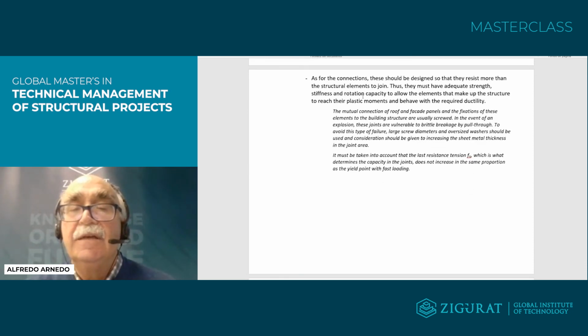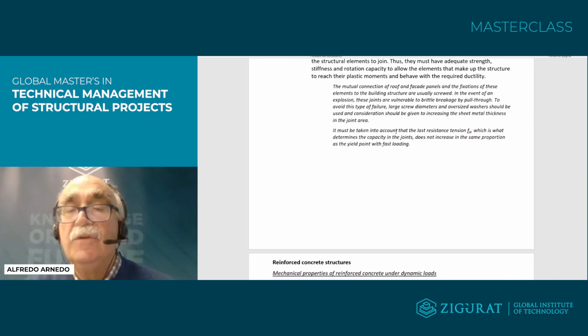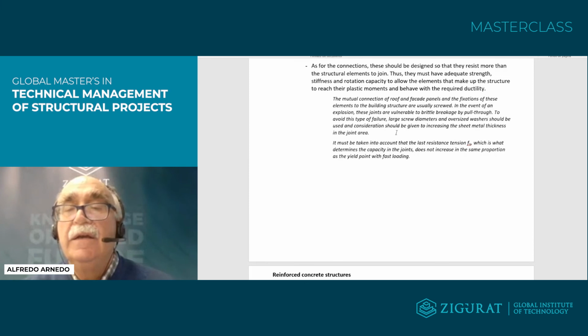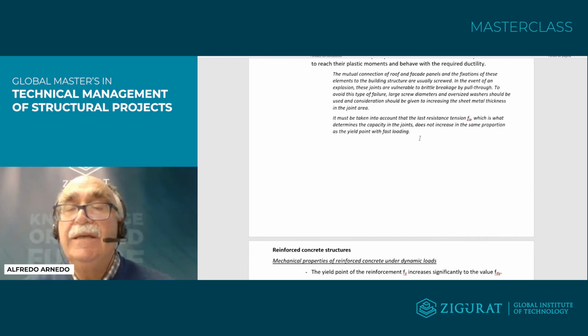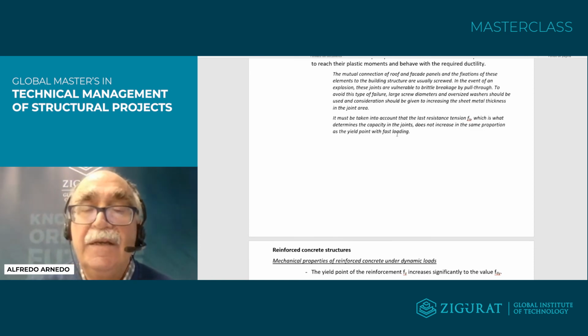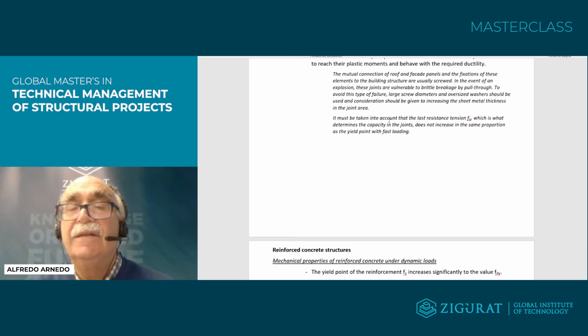For connections, the connection must be redundant and resist more than the member itself. So you have to use connections, especially in the facade or at the bottom, that avoid any brittle breaks, especially when dealing with the facade and the roof.